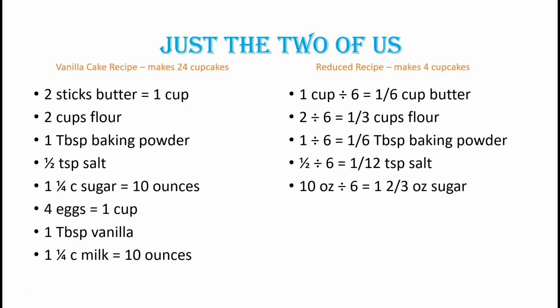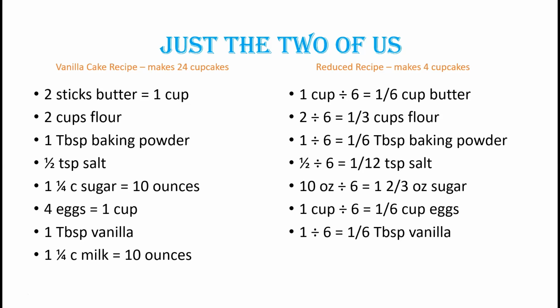Now, 4 eggs in our full recipe. If you use large eggs, 4 eggs is about 1 cup of egg stuff. So, if you just take 1 egg, crack it open, and then take 1/6 of a cup of that egg, you're good to go. Okay? And then, of course, 1 tablespoon of vanilla.